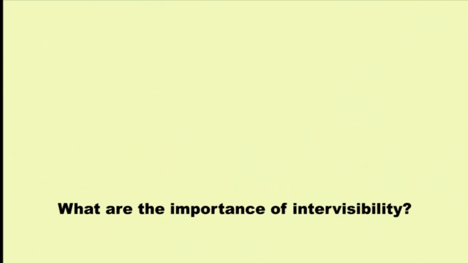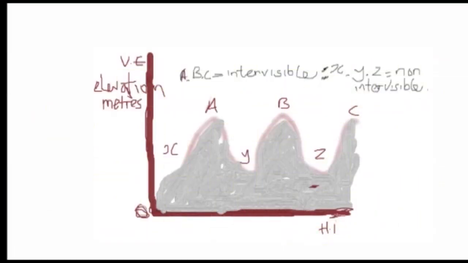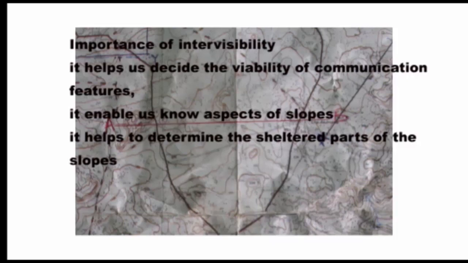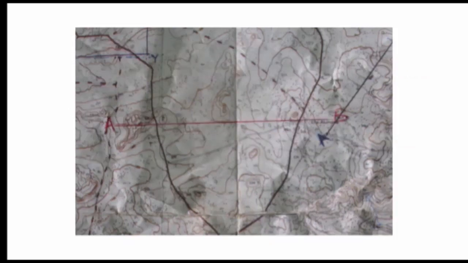So the only thing that you take into consideration is relief features alone. We said before that it helps us to make inference on communication pattern and areas or elements that are relative to aspects, shelter and slopes. They help us to know the slope types and parts of the map that are sheltered.